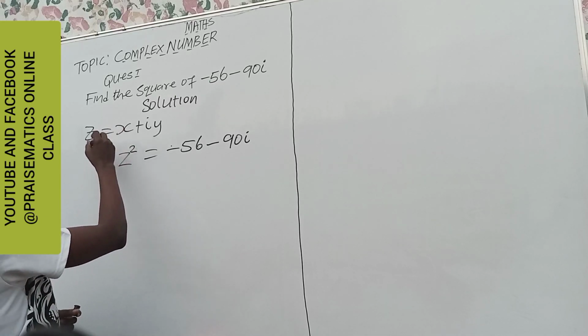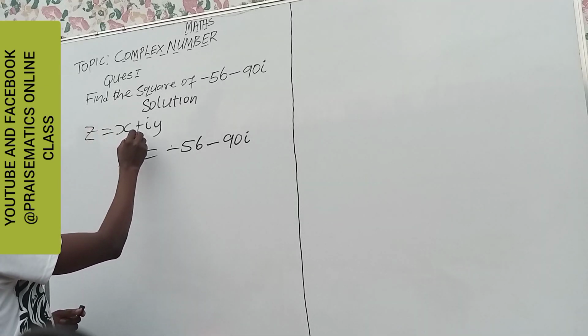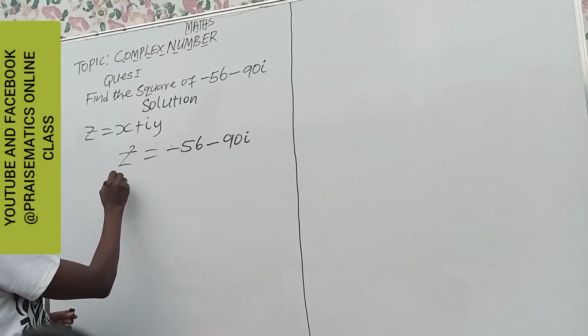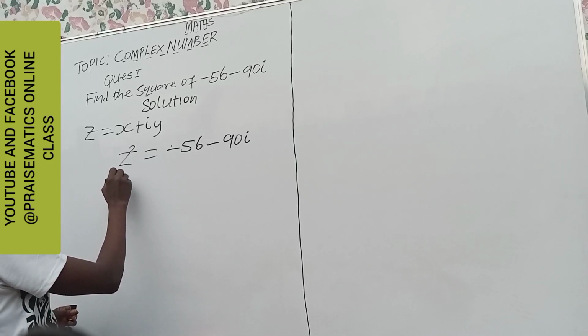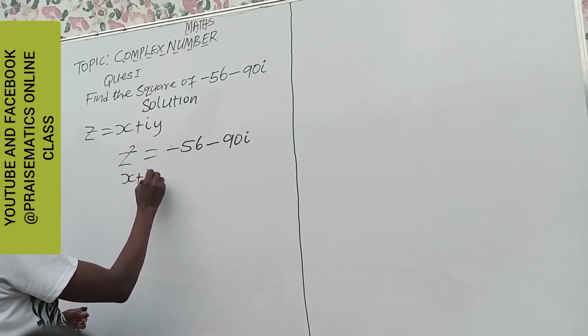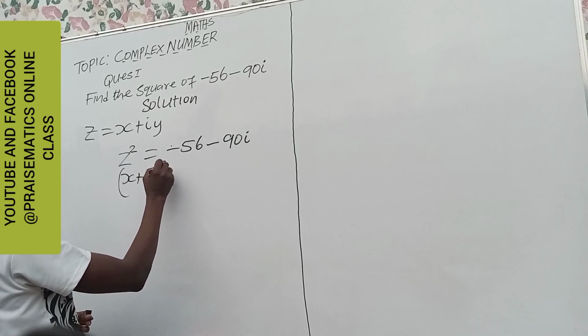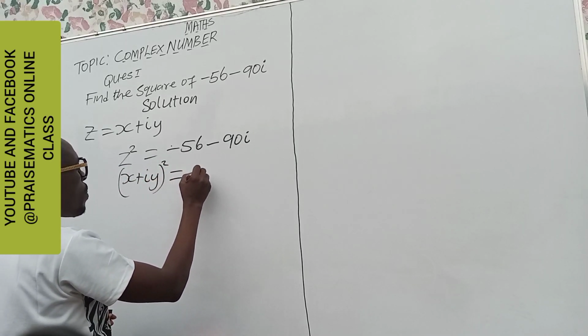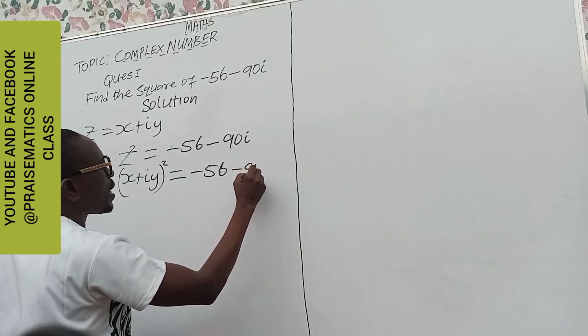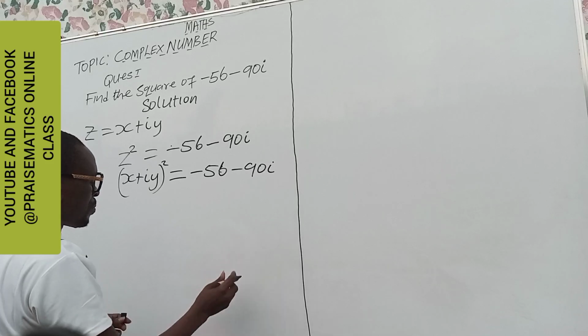You can now remember that z is equal to x plus iy. So we have (x plus iy) all squared is equal to minus 56 minus 90i.